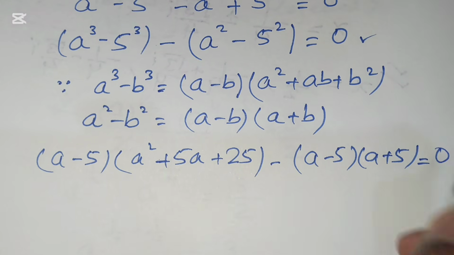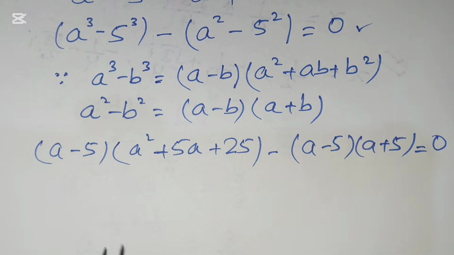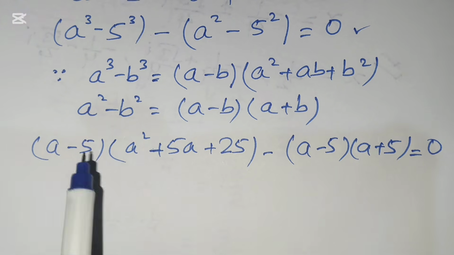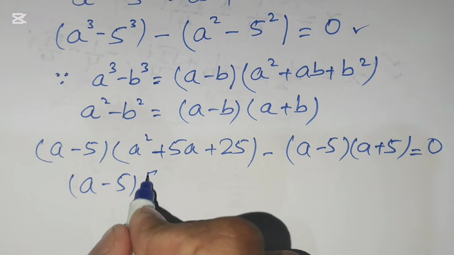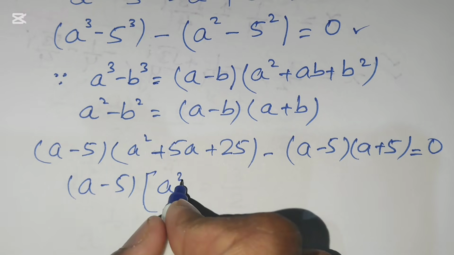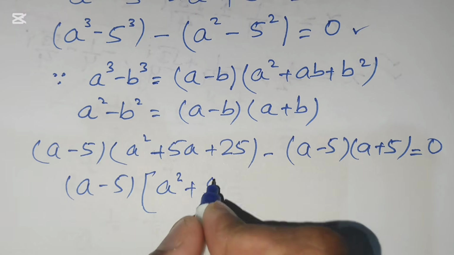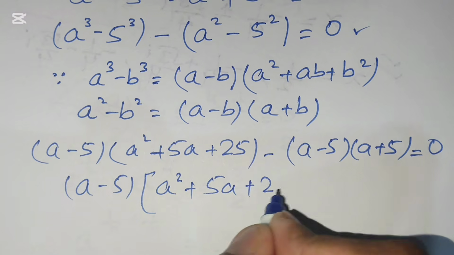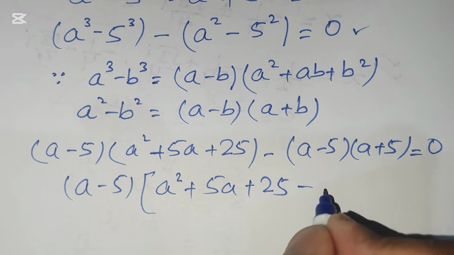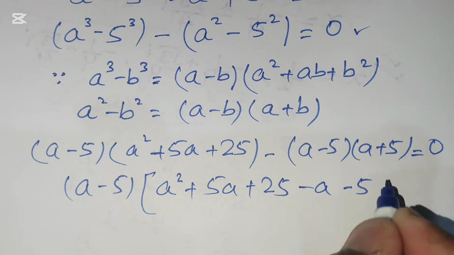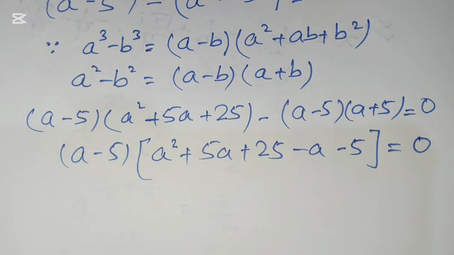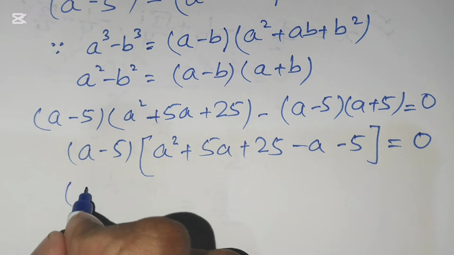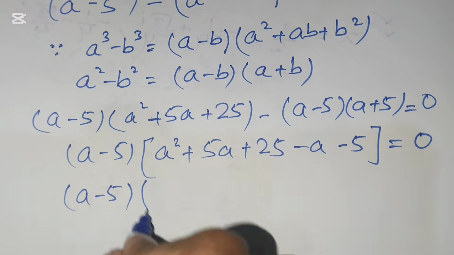Now we can take A minus 5 common from both the terms. We get (A minus 5) times (A square plus 5A plus 25 minus A minus 5) is equal to 0. Now we will write A minus 5 as it is.